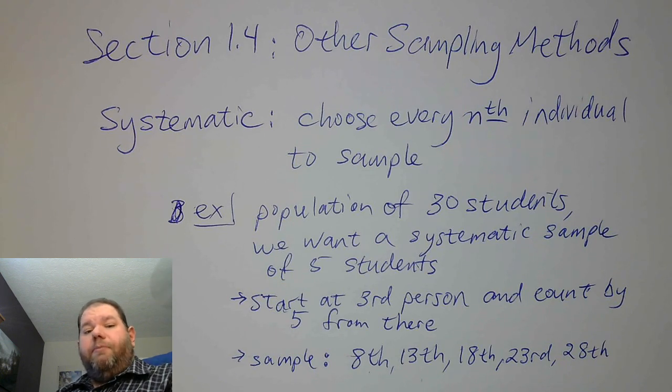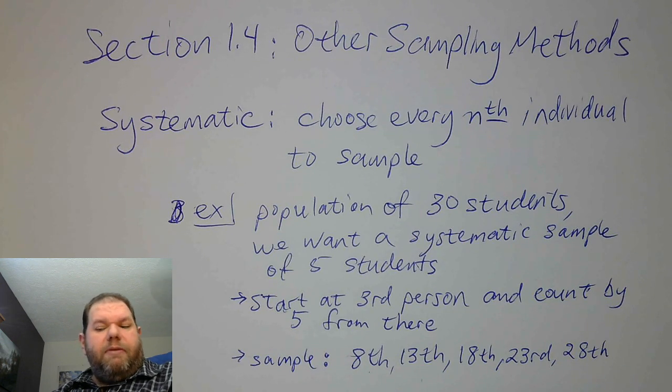If we wanted a sample of 7 students, we might count by 4s. Whatever can easily be contained by the sample size. And as you can imagine, I'm actually just dividing those numbers together to figure that out. 30 divided by 5 actually gives us 6, so I could have counted by 6s, but if we're starting from the third person, that makes it a little more difficult.